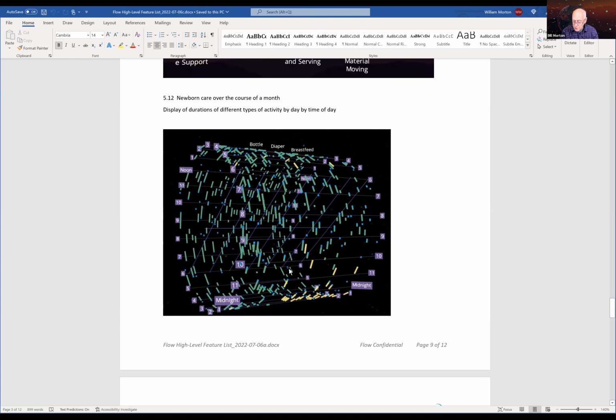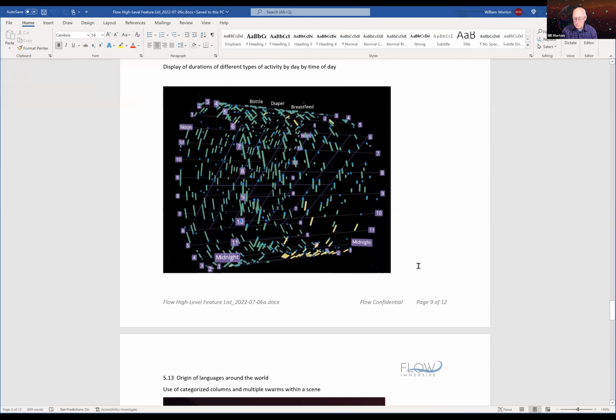The whole point here is to show how much time, over the course of I think the first month of a newborn's life, goes into just caring for that newborn. And you can see from the colorization on this chart, it's almost a full-time job, okay? Or actually is a full-time job.